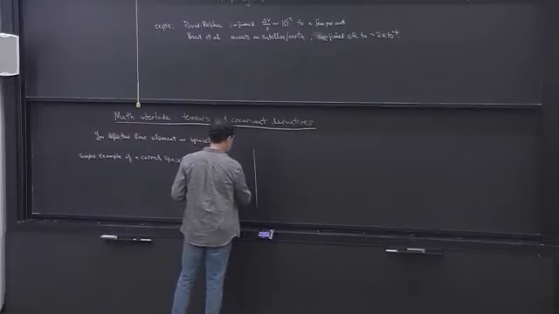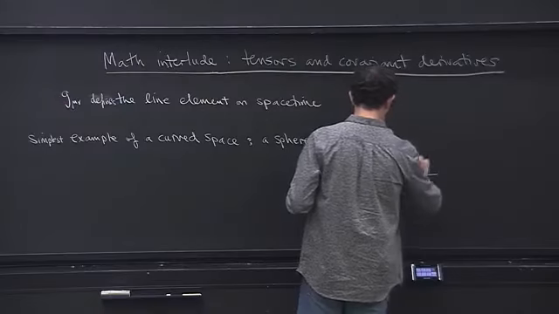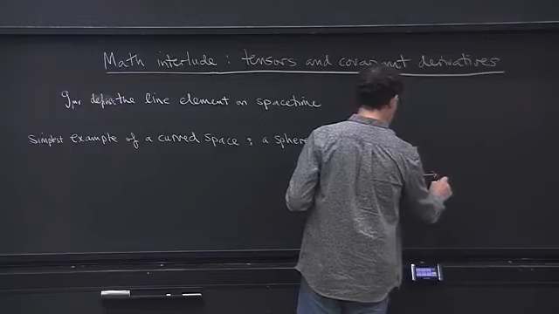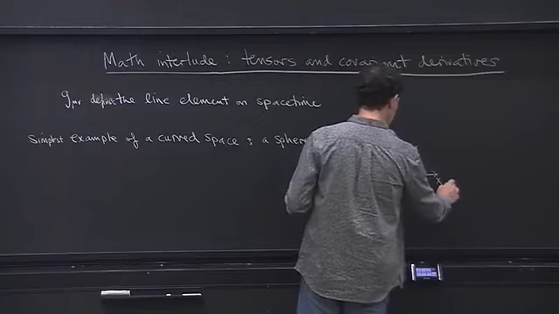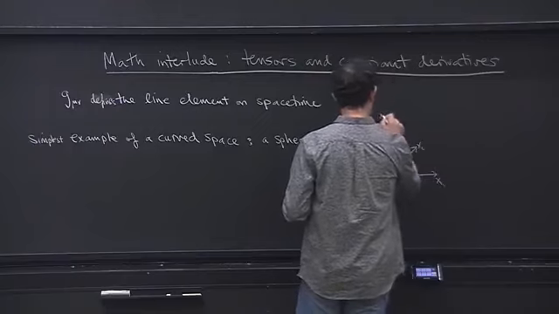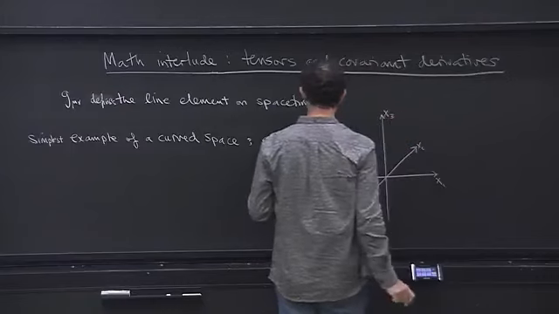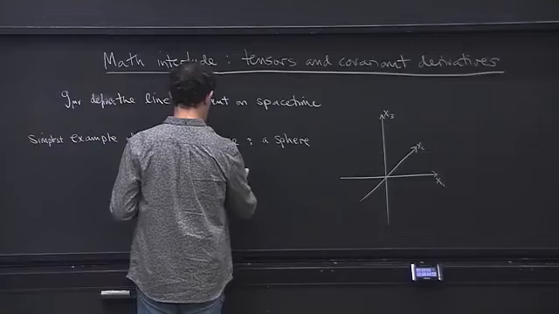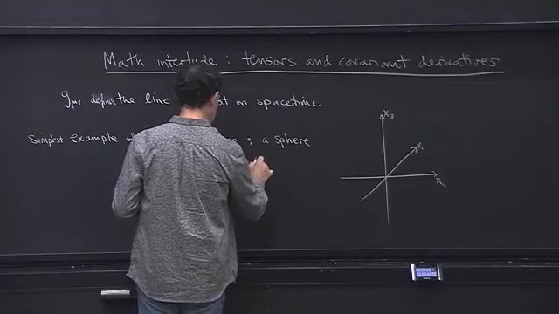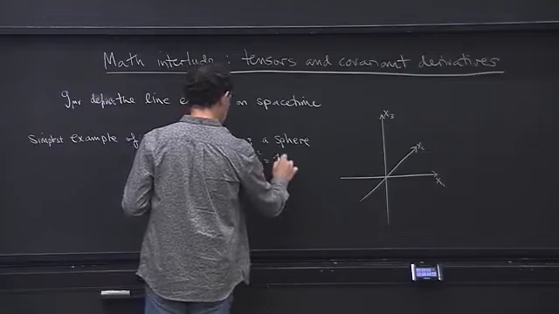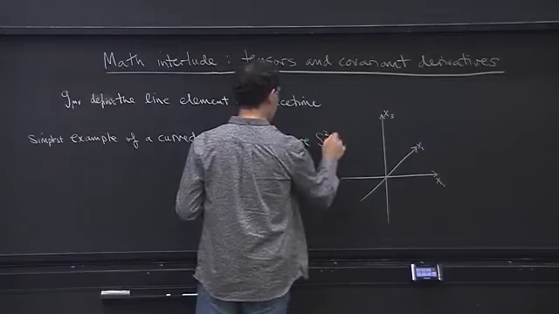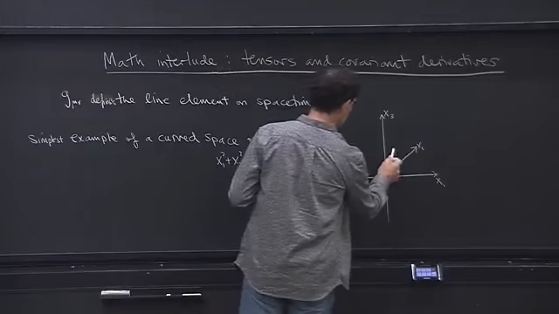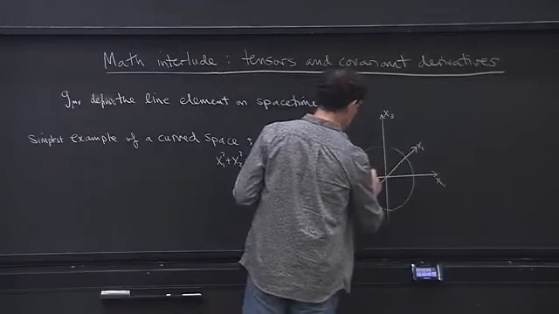So sphere is a particularly easy case. Let's take 3 dimensions, x1, x2, x3, and consider the subspace x1 squared plus x2 squared plus x3 squared equals 1. This is a 2-dimensional sphere, and of course it looks like that.